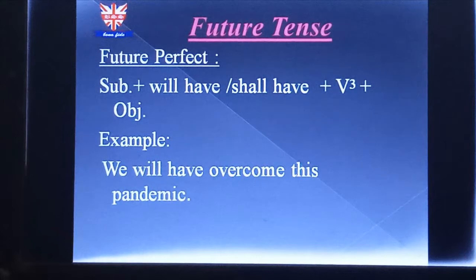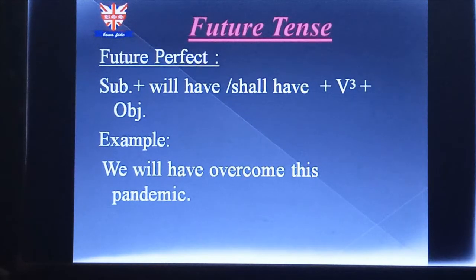So here the example: we will have overcome this pandemic. So here we is my subject. I have taken will have from the structure. Even I could take shall have also, as I have told you that we can use shall with I and we as well.